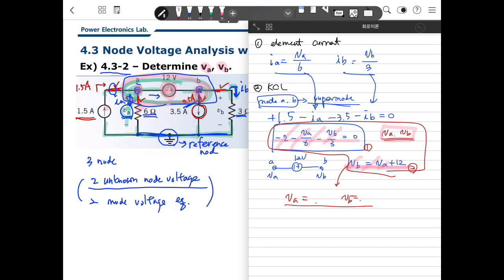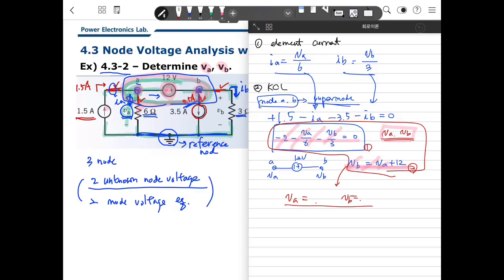So that's very simple. Actually, based on KCL and KVL, we can analyze this electric circuit. But to do that, we should define the unknown variables before, and we need to check the equations based on the unknown variables.